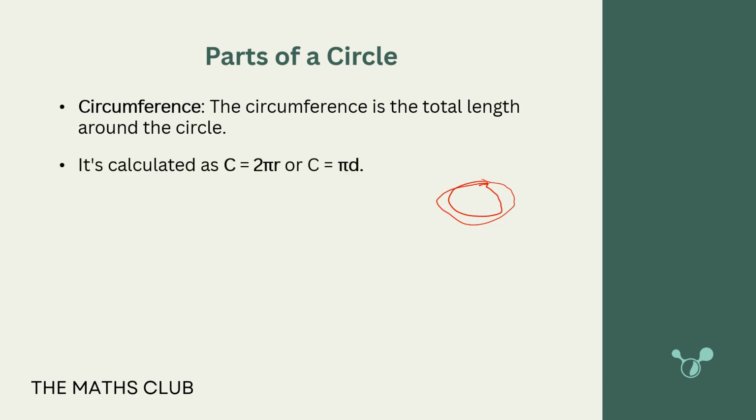It's calculated as 2 pi r or pi d. This is something I just need to know. We said that 2r is equal to d, right? So it's either you say 2 pi r or you say pi d. So you have your circle, and I just don't mind my circle here. This circle needs to undergo some healing, right? But this one here, this is a good circle. So if I go round it, that total length is the circumference.